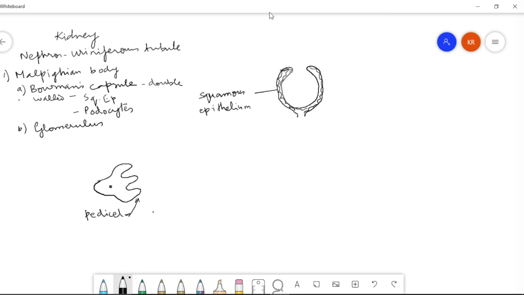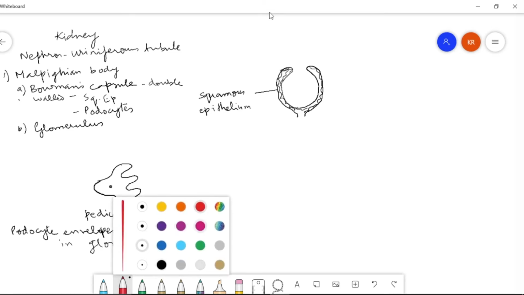So all these are pedicels. Now what a podocyte does is that the podocyte completely envelops capillaries in the glomerulus.